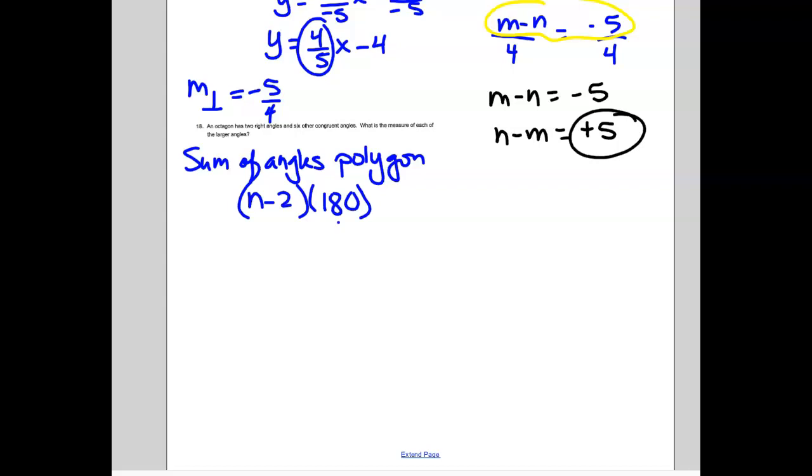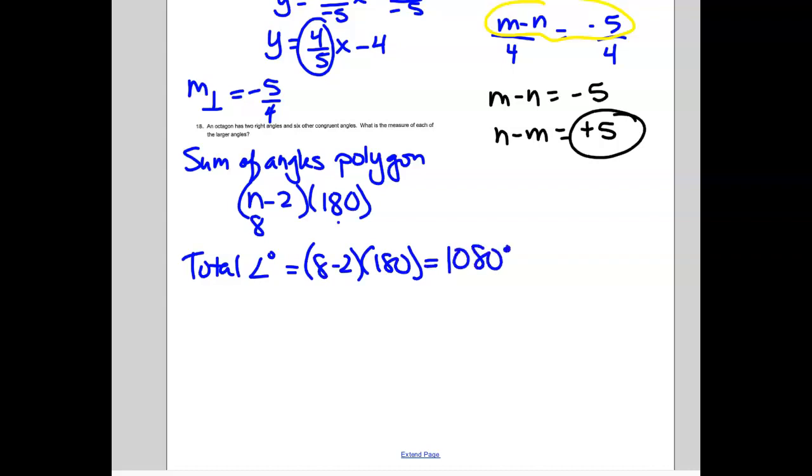So we're told that we have an octagon. So our side length is 8. So for the total of all of our angles, we'd have 8 minus 2, or 6, times 180, which ends up being 1080. So we have 1080 degrees to work with. And they told us we have 2 right angles.